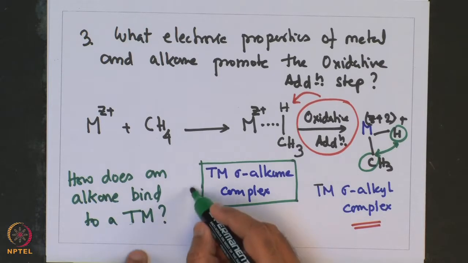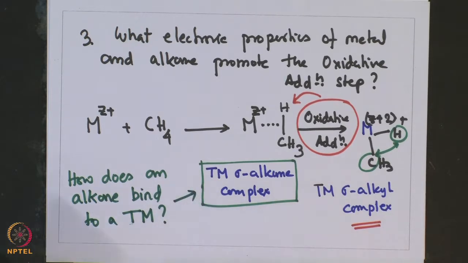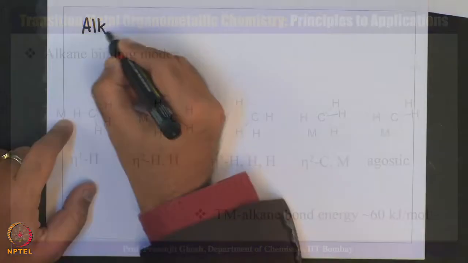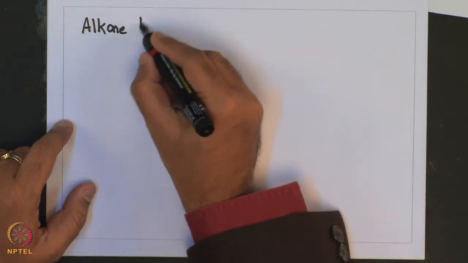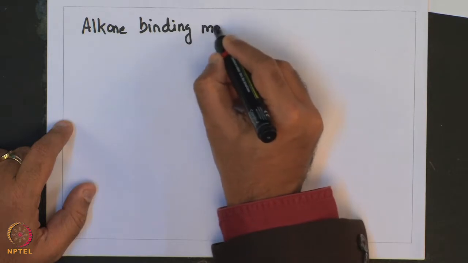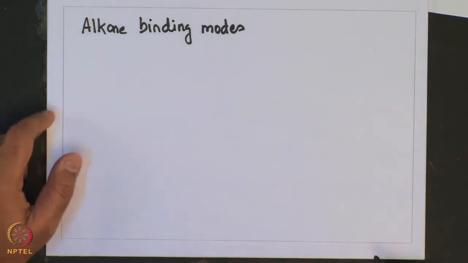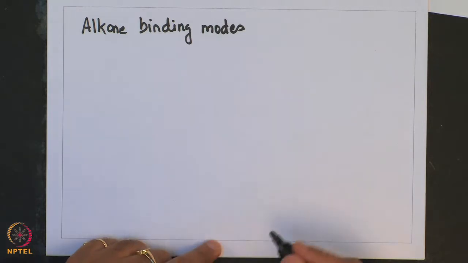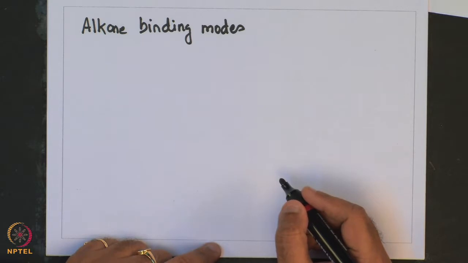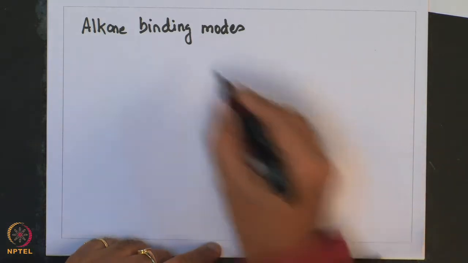So, let us take a look at the transition metal sigma alkane complex in a bit more detail. It is interesting to note that an alkane has different binding modes to a transition metal. The transition metal sigma alkane bond energy is very weak, not very strong.